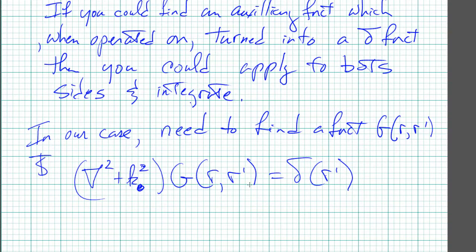So it brings any r and r prime into a delta function of r prime. Okay.